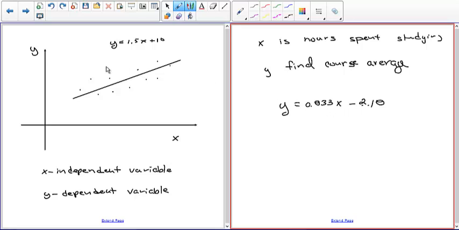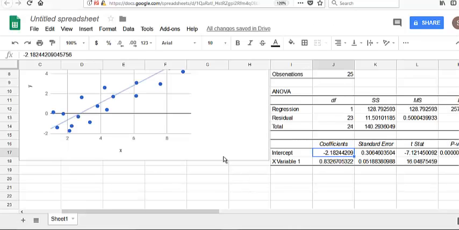So it helps you predict. It gives you an idea of how much a change in the x variable results in a change in the y variable, on average. I say on average because you can see how this thing jumps all over the place. All of that could be due to the random nature of the measurement, or to other factors besides the x variable that are affecting the y variable.